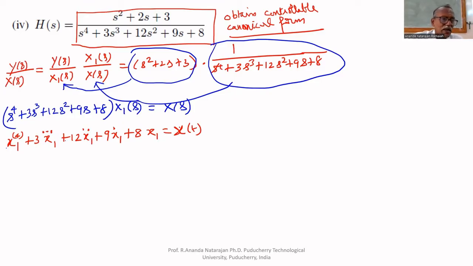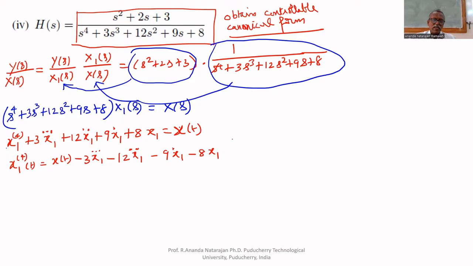Let us assume that the fourth derivative of x1(t) equals x(t) minus 3 times the third derivative minus 12 times the second derivative minus 9 times the first derivative minus 8 times x1.